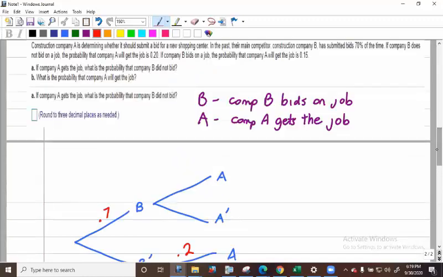If company B bids on the job, the probability that company A will get the job is 0.15. Okay, no, it's fine.